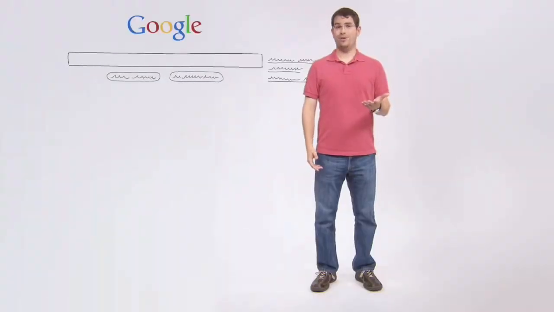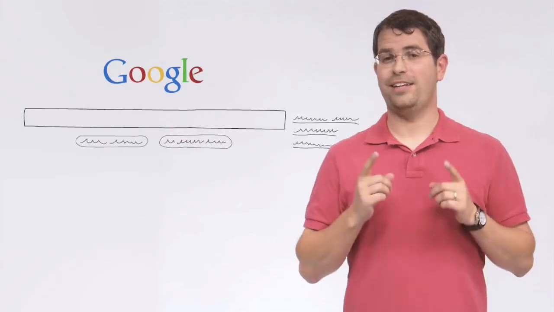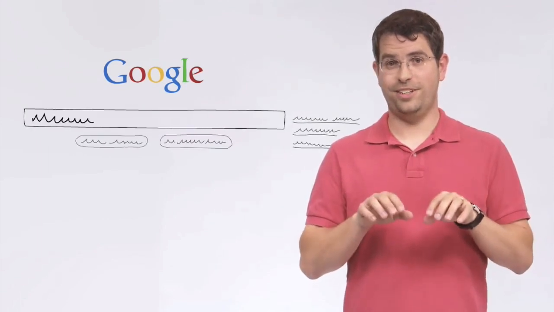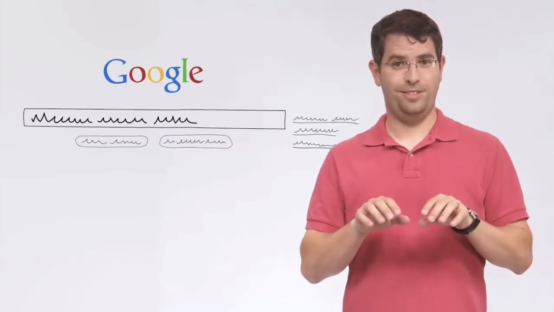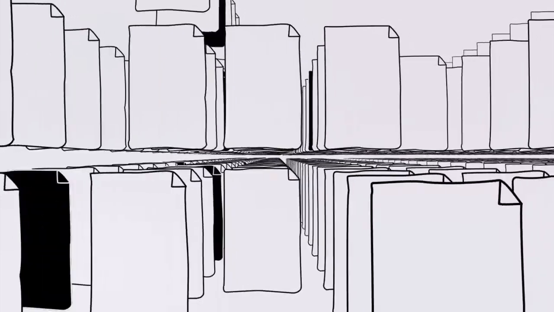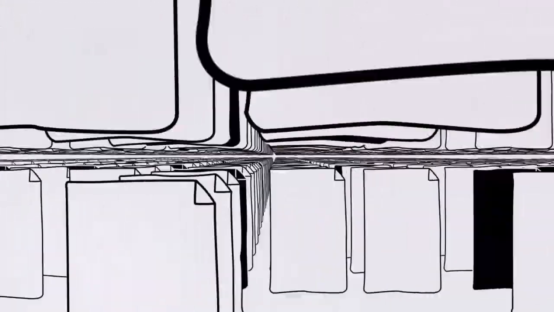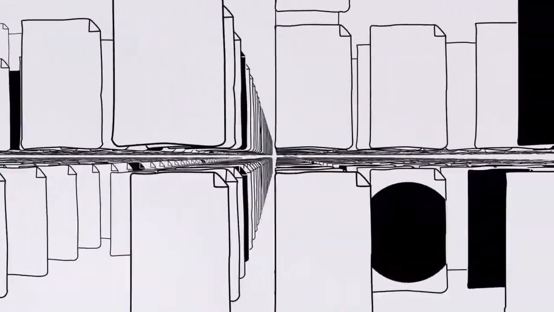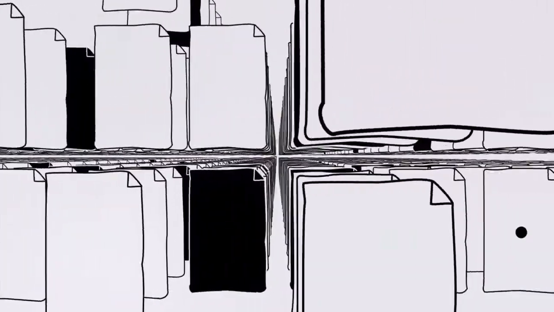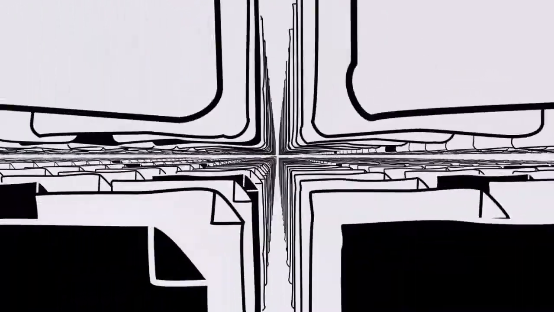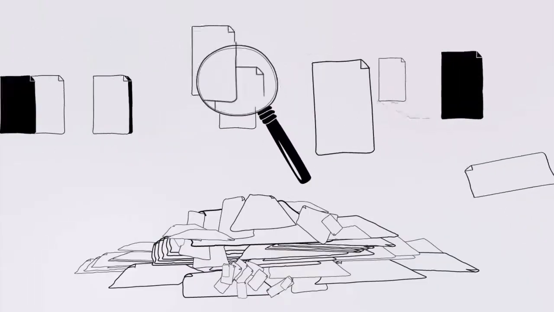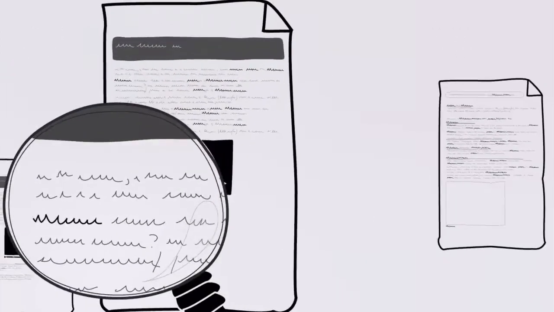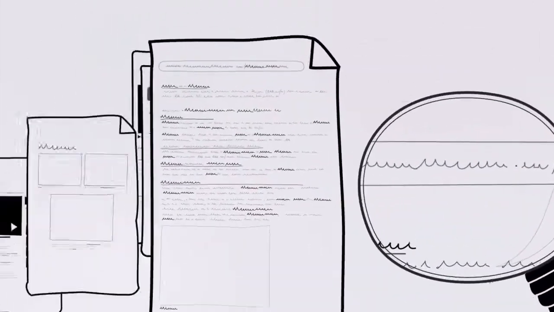Now, suppose I want to know how fast a cheetah can run. I type in my search, say cheetah running speed, and hit return. Our software searches our index to find every page that includes those search terms. In this case, there are hundreds of thousands of possible results. How does Google decide which few documents I really want? By asking questions, more than 200 of them, like, how many times does this page contain your keywords? Do the words appear in the title? In the URL?